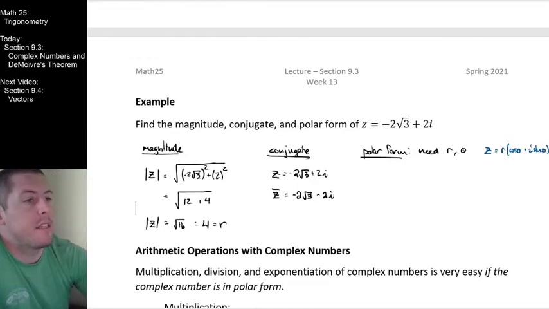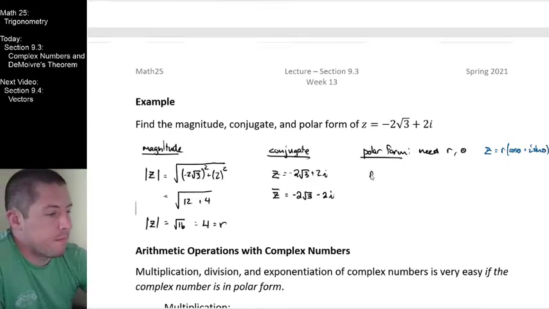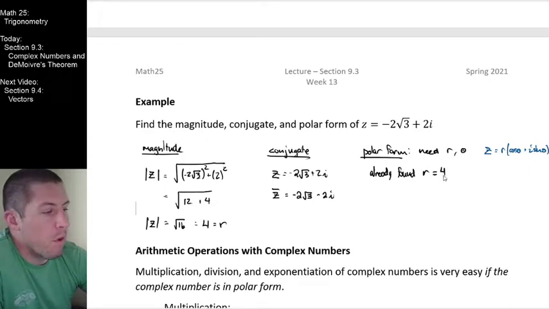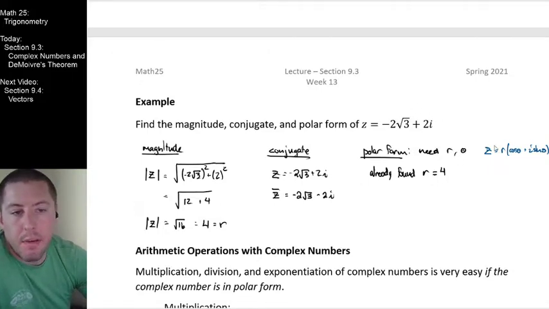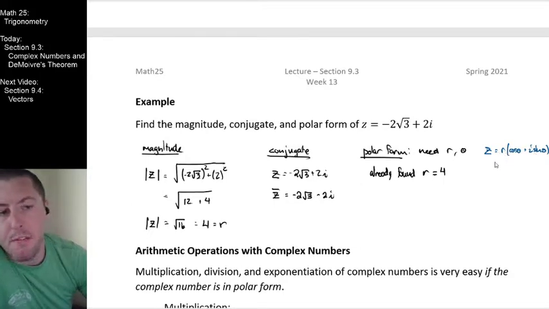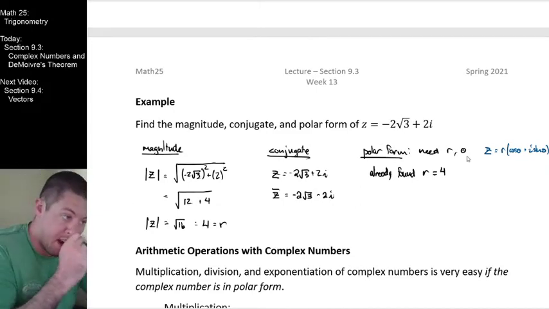Well, the good news is that we already found r to be 4. So what I'm thinking is, let's take this number z and factor 4 out of it, because I want my z to ultimately be written with the magnitude, r, factored out from the other terms right here.